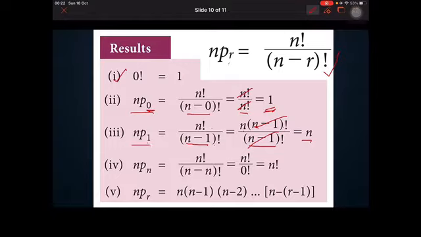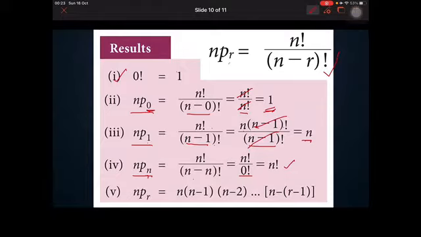So nP1 is equal to n. Now what is nPn? Instead of r, substitute n. So n factorial divided by n minus n factorial. What is n minus n? It is 0, so 0 factorial. 0 factorial is equal to 1, according to result 1. So nPn is equal to n factorial.